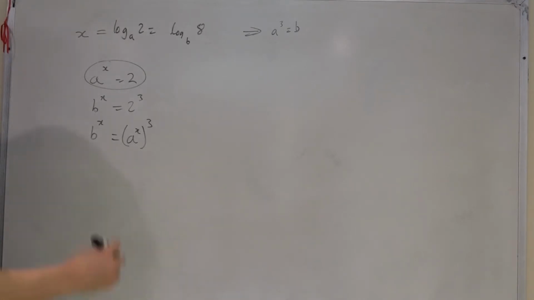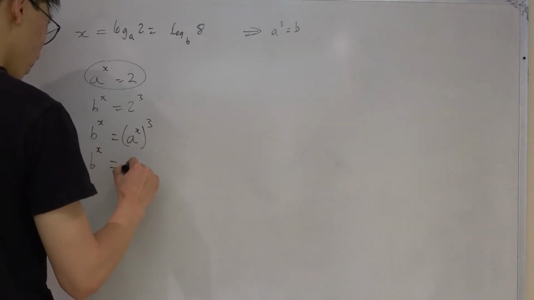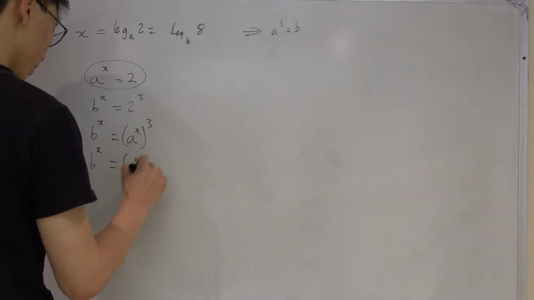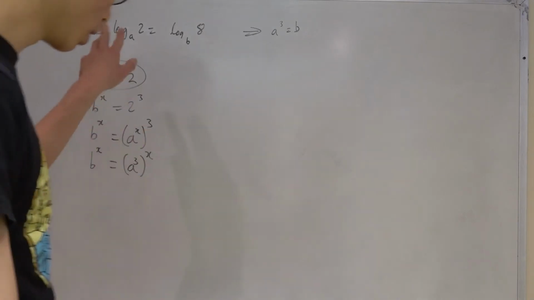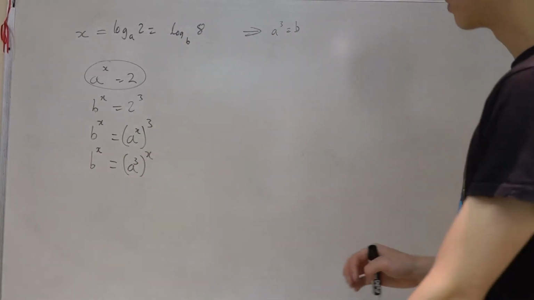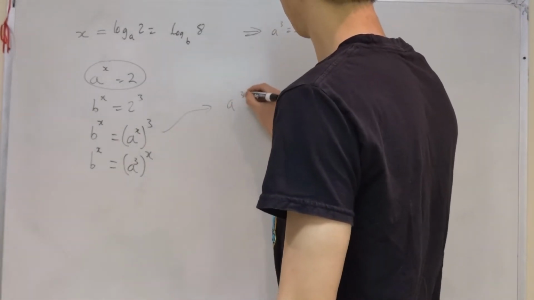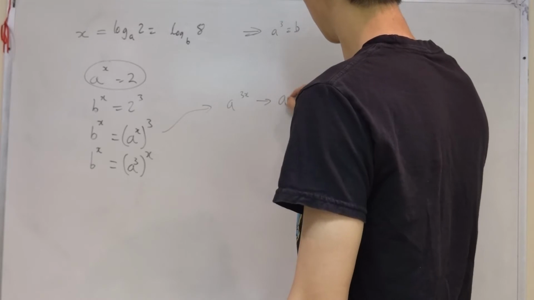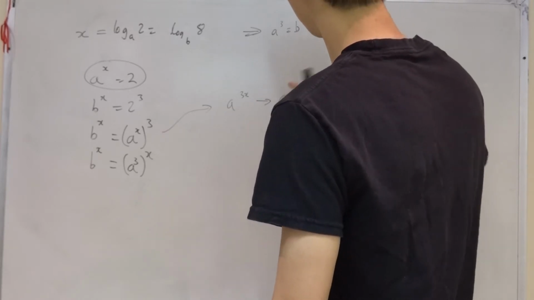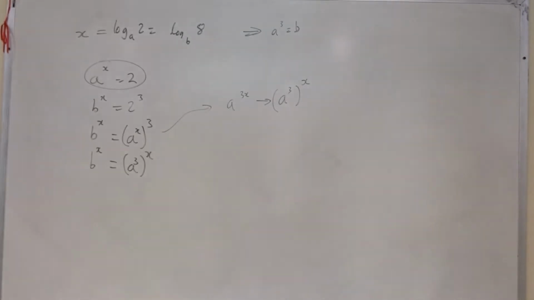Next, we're going to use this. Right? We can switch the way the exponents are raised. The reason why is because this becomes A to the 3x, which of course is the same thing as A to the 3 to the x. Now, injectivity does wonders for us here.